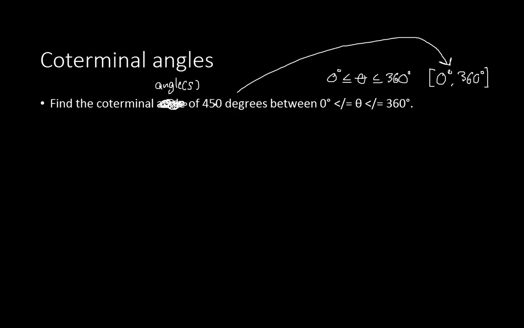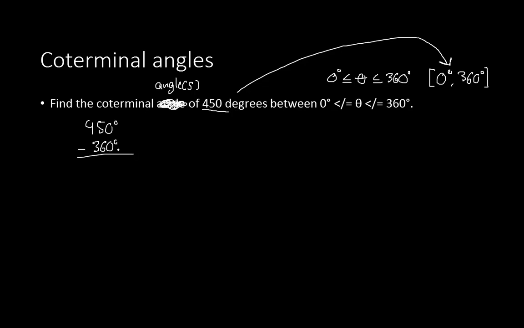So how do we do that? 450 degrees is greater than 360 degrees, so it is away from this range. What we can do is subtract 360 degrees from 450 degrees: 450 degrees minus 360 degrees.